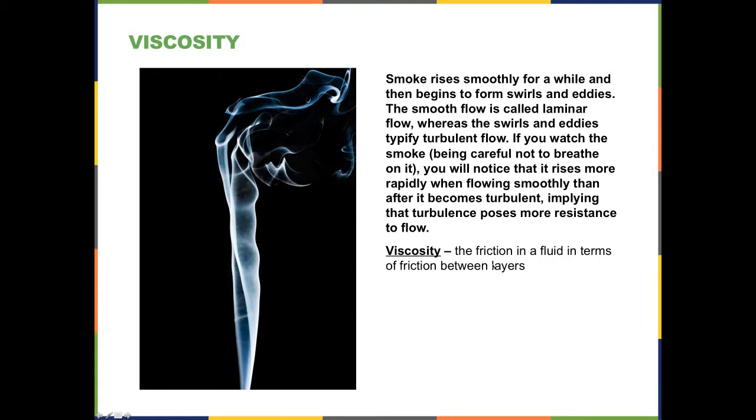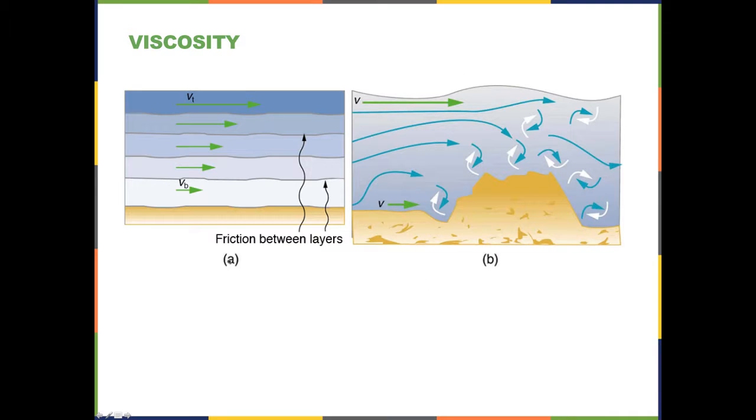Viscosity is the friction in a fluid, in terms of the friction between layers of fluid, and I'll explain what I mean by layers of fluid in just a second. So anytime fluid flows, here for example, it flows in layers, and you can use various thicknesses of layers in a situation like this.